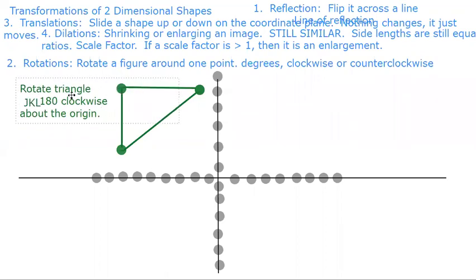We're going to rotate triangle JKL 180 degrees about the origin. So we're going to have to take all three of these points and move them 180 degrees around this point, the origin. That's our rotation point.